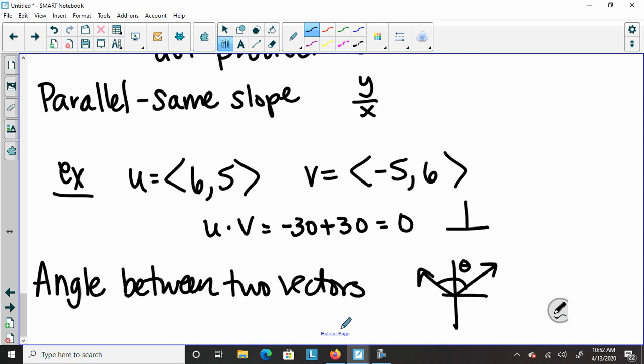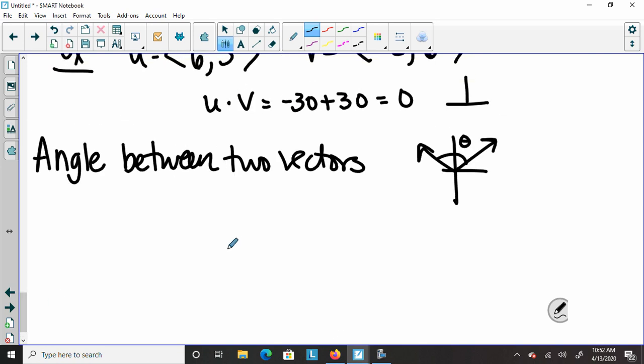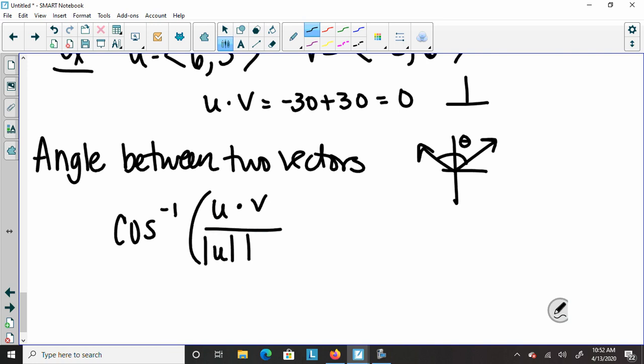That works as well, but there's also a nifty little formula that you can use. I kind of like it, it's pretty quick. So here is our formula. You're going to do the inverse cosine of u dotted with v divided by the magnitude of u times the magnitude of v.